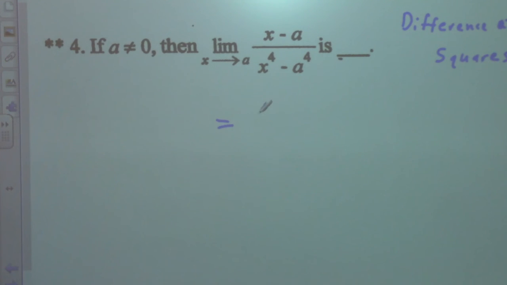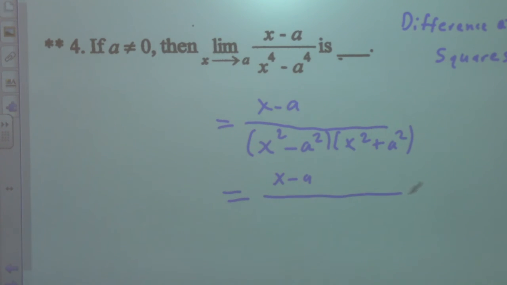So here we'd have x minus a. And down here, you'd have x squared minus a squared, and then x squared plus a squared. Can you factor this further? Yes. So let's do this. X minus a, x plus a, and then you just have x squared plus a squared.